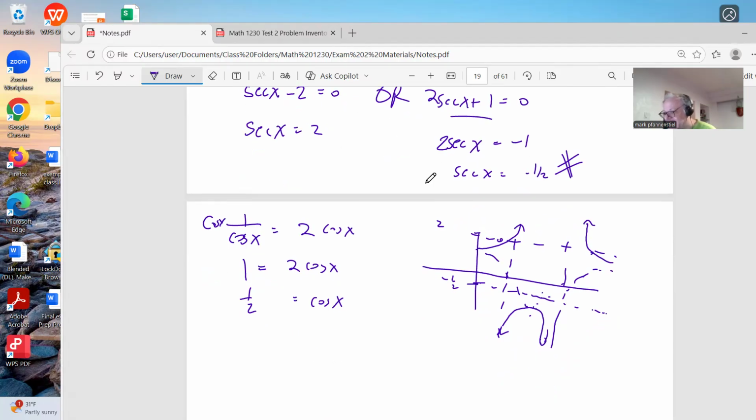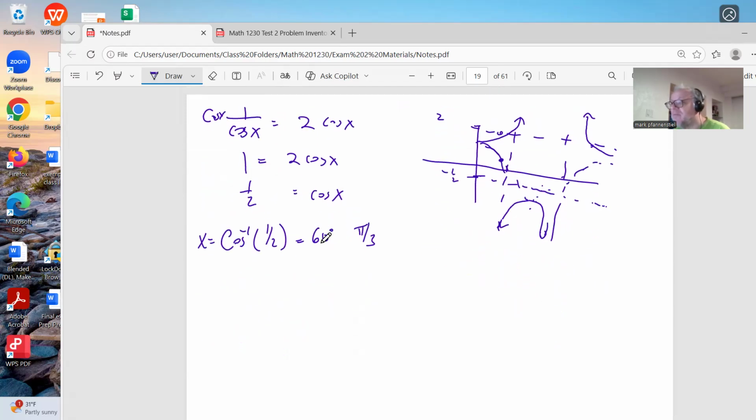Now, when I take the inverse cosine of both sides, we have x equals inverse cosine of 1 half. And thinking what cosine looks like, that's going to be 60 degrees or pi over 3. Since this problem tells us to report the answer in degrees, we can leave it as degrees.